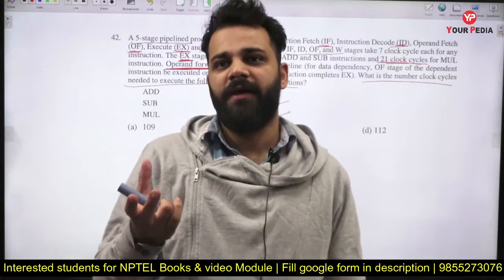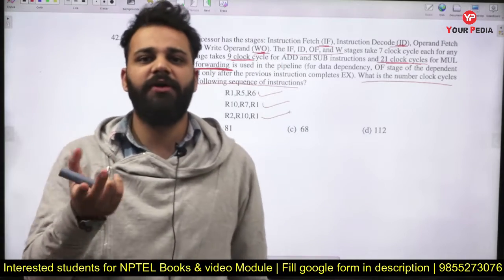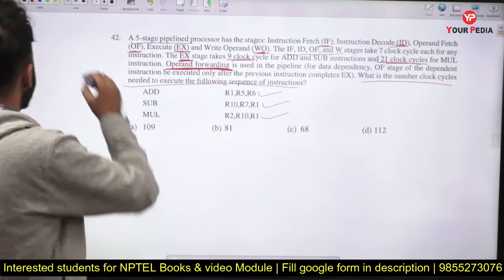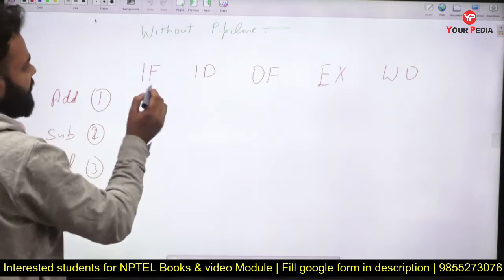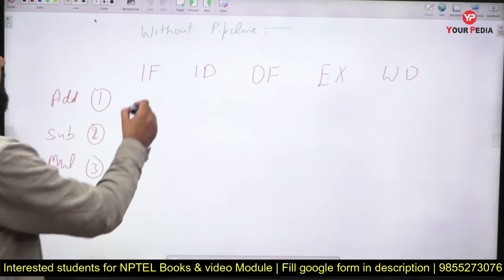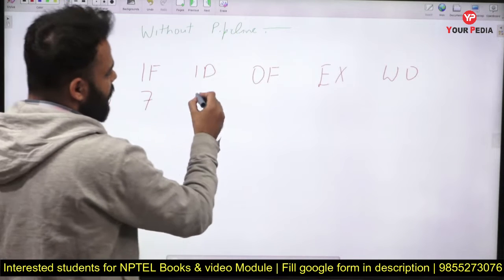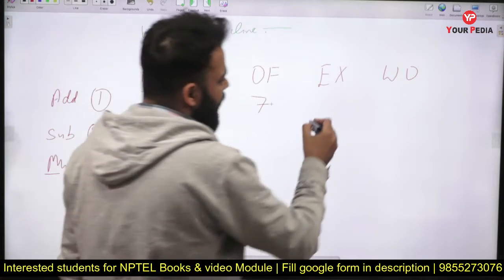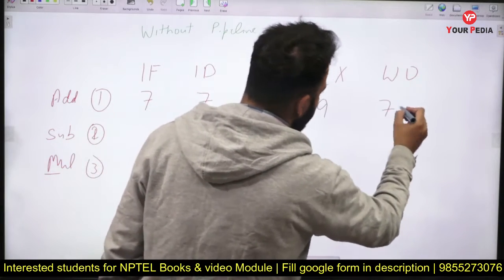So first of all, let us assume that we don't have any pipeline and we take these 3 instructions. Now for these 3 instructions, these are the 5 stages. Instruction fetch will take 7 cycles, instruction decode will take 7 cycles, operand fetch will take 7 cycles, and execution will take 9 and then again 7.